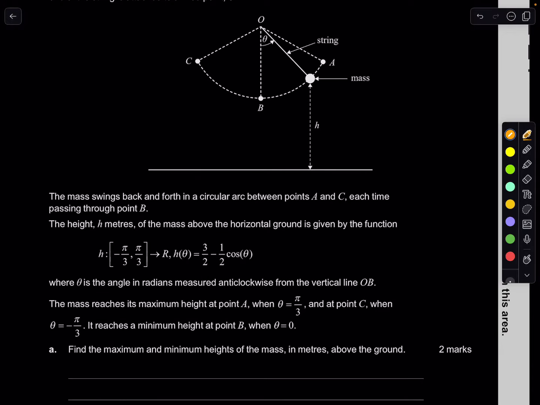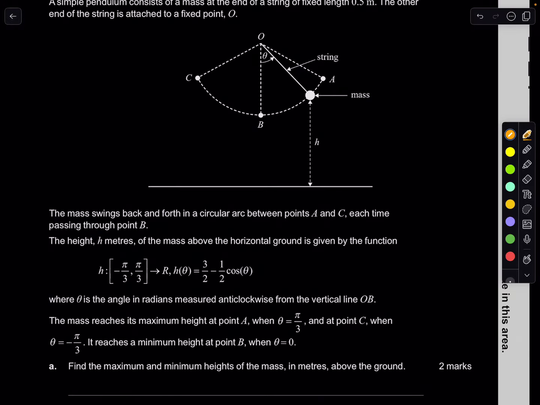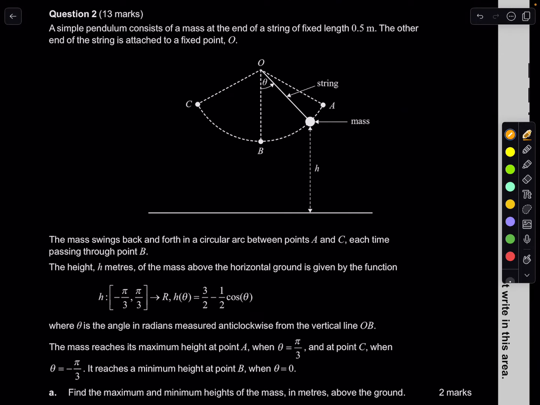So, okay, we've been given the function. It's saying h is, okay, so it gives us the height, but it gives it in terms of theta, where theta is the angle you can see from the mean, so from B, basically. If theta is positive, it means it's going to the right. If theta is negative, it's going this way. And of course, they've also given us the maximum values of theta that we can go. Basically, it makes sense.